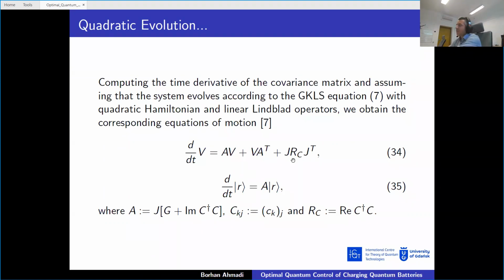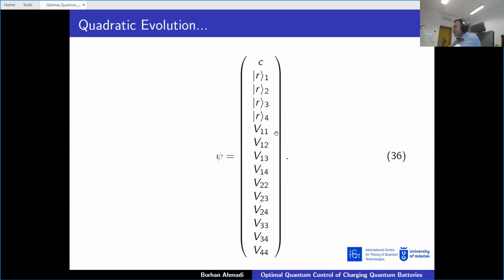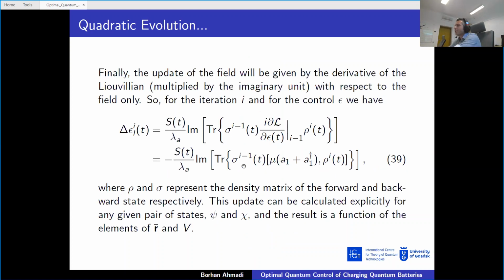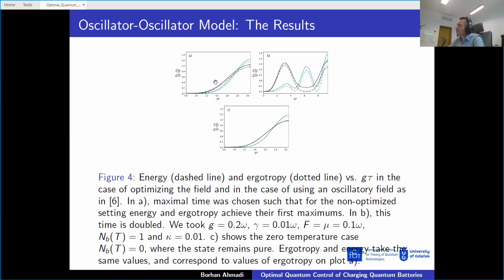Then the equations of motion will be given in 34 and 35, which correspond to the GKLS equations. We encode all this information in this wave vector, and then we obtain these forward and backward equations. With this, again, this is the update, and these are the results for the oscillator.